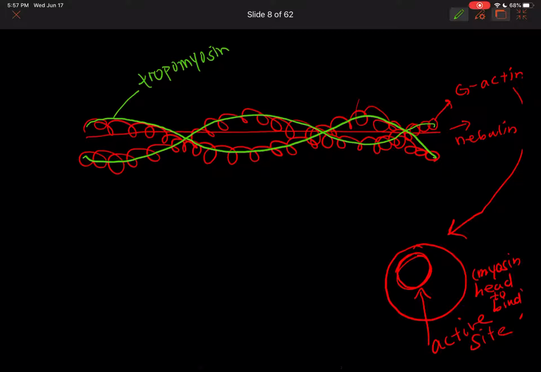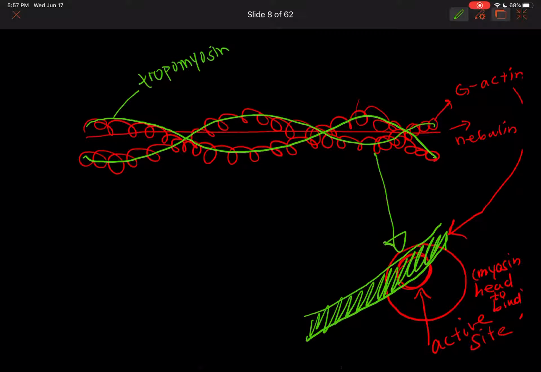What tropomyosin does is that it lays over that active site to block it up. If we zoom in to that line, we're looking at this, where that green tropomyosin line blocks the active site. So myosin head can't bind if tropomyosin remains in that position.